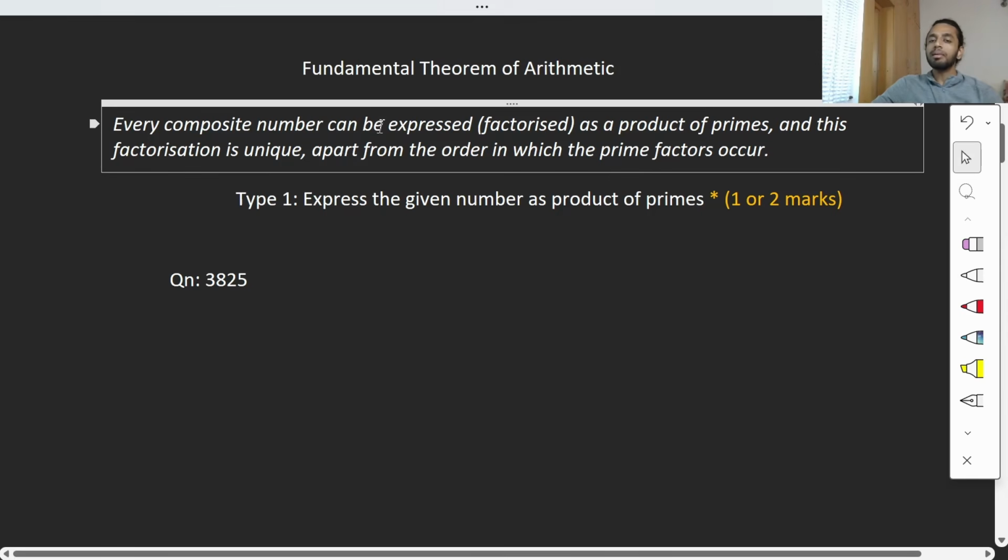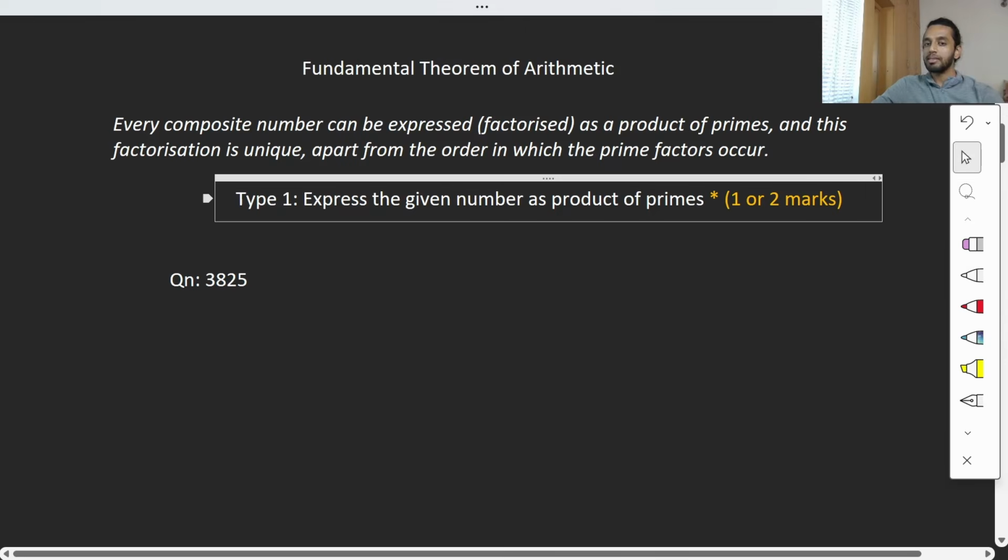The fundamental theorem of arithmetic says that any composite number can be expressed as a product of prime numbers by factorization, which I'll show you shortly. And this factorization is unique in the sense that we will get one and only one answer, though the order may differ from one person to the other.